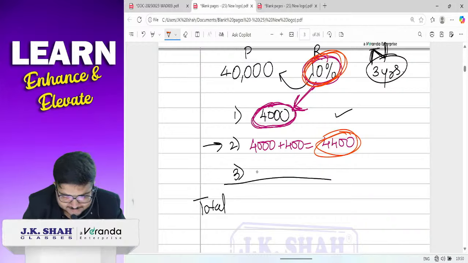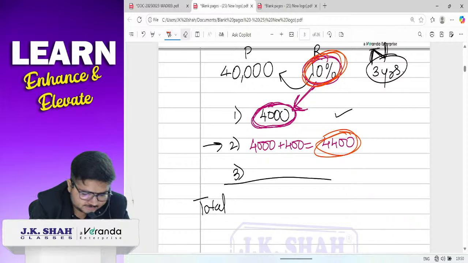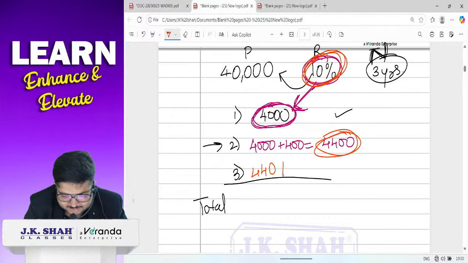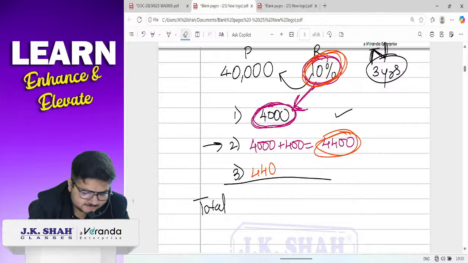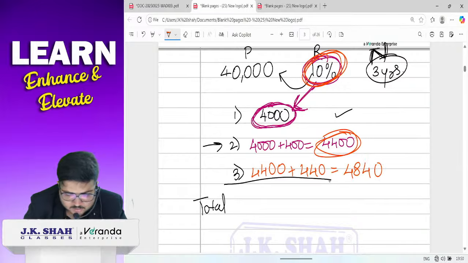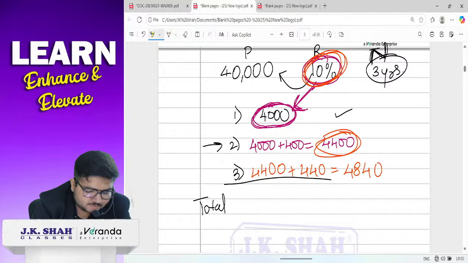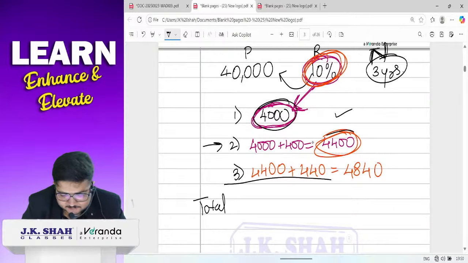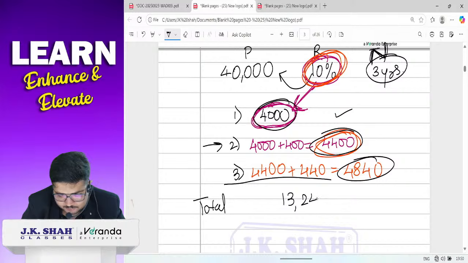So we will take 4,400 and then add 10% of 4,400, that is 440. We will add that, total is 4,840. We have found all the three compound interests. Now you have to add 4,000 plus 4,400 plus 4,840 is 13,240. This is your total compound interest.